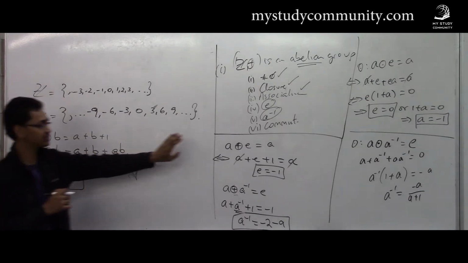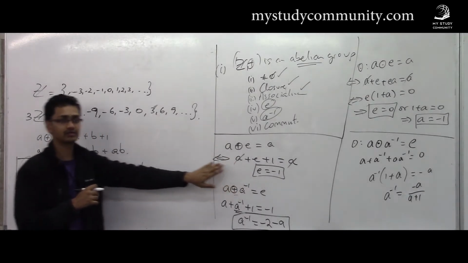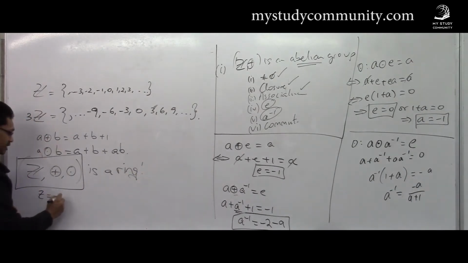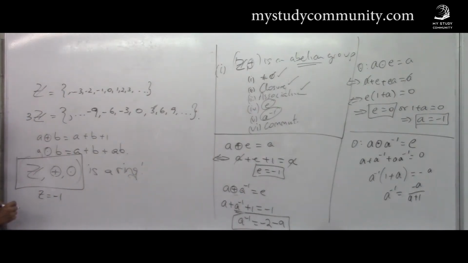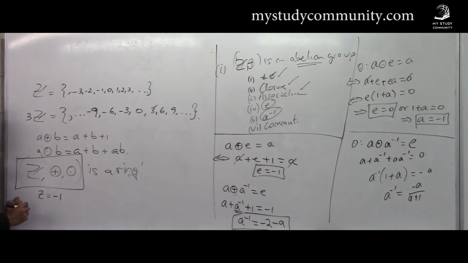And this is my addition and this is my identity for the ring. So the 0 of the ring is minus 1. Yeah? And the unit of the ring is the identity for multiplication, which is 0. You follow?